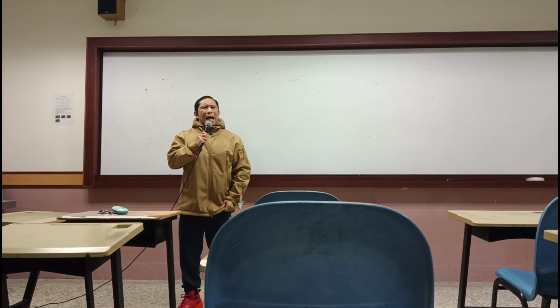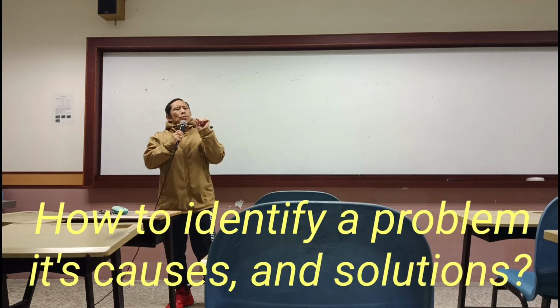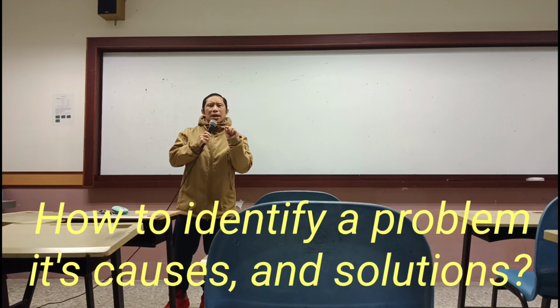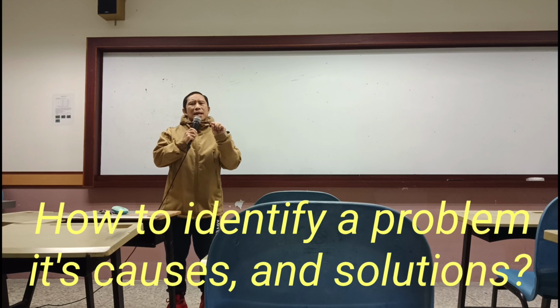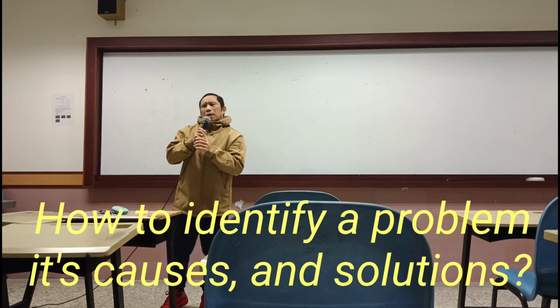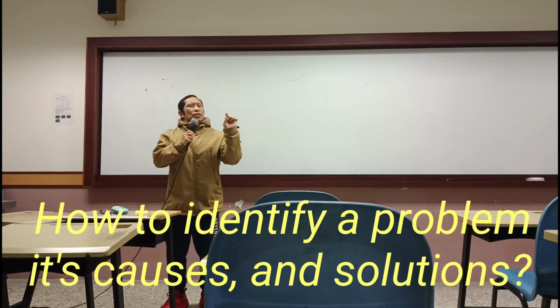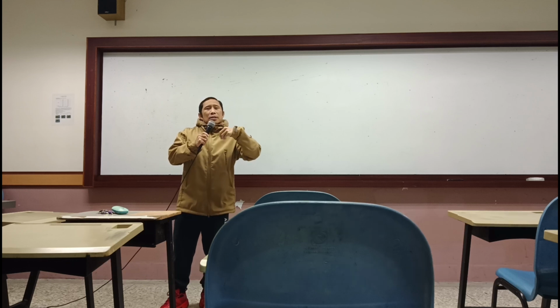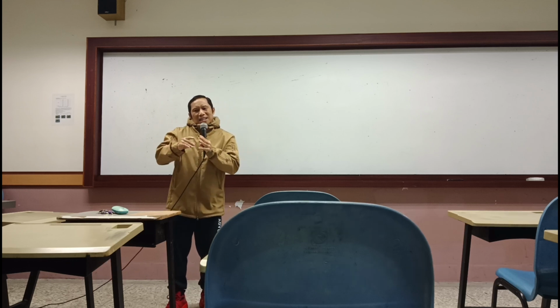Chapter 5 is talking about how to identify a problem, and then how to analyze a problem. Analyze, dissect, cut and check what's the problem, and also how to know the causes of a problem, or how to solve a problem, right?